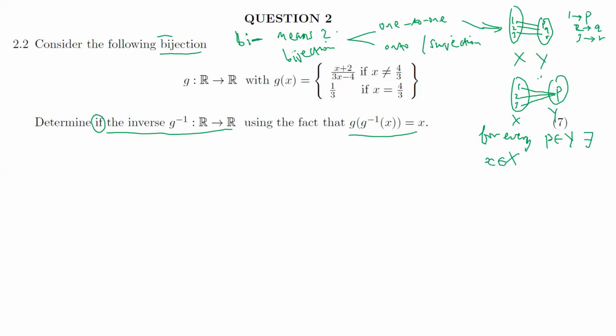If this relation is a function like that, right? So there exists what?